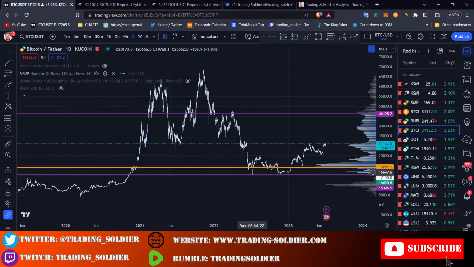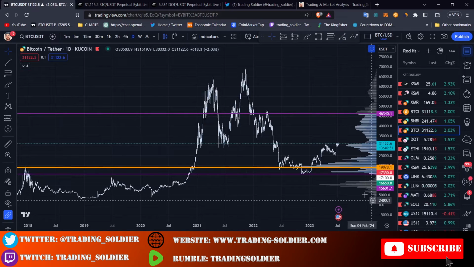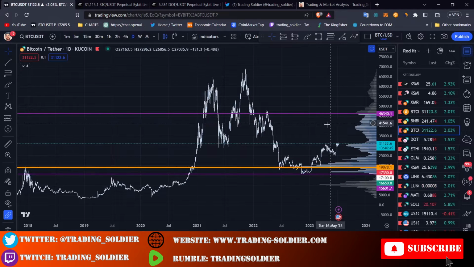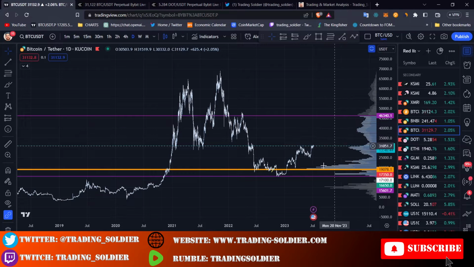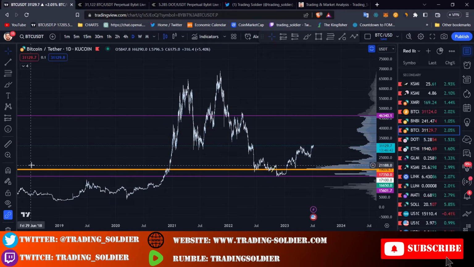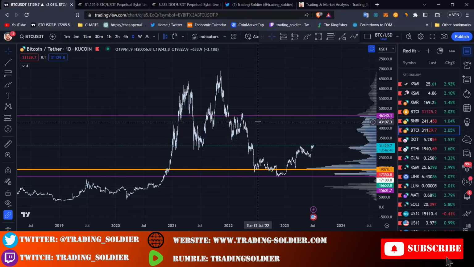As you see here, what the VRVP, the Visible Range Volume Profile, does is indicate with horizontal levels the points in the chart where the most trading volume has occurred in the past.